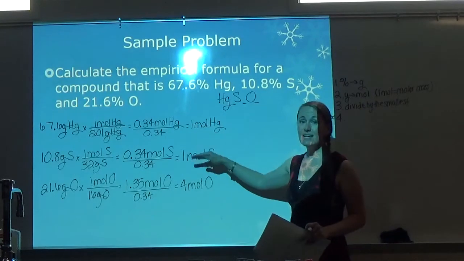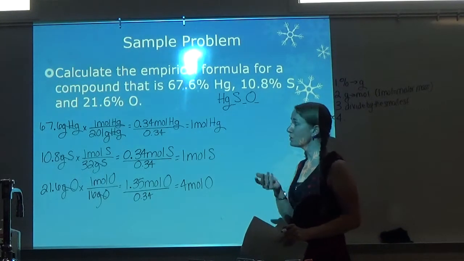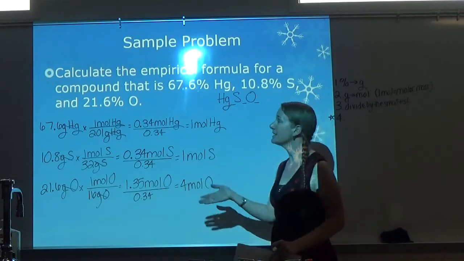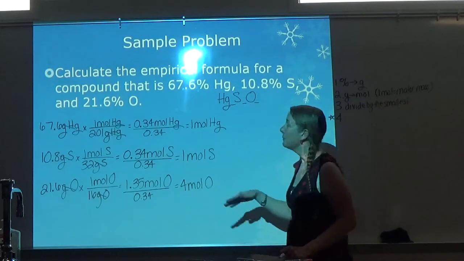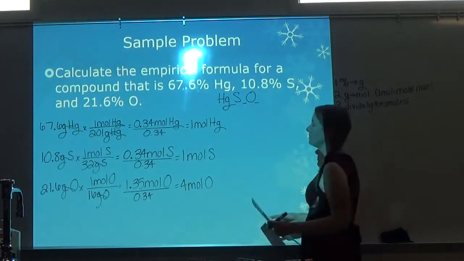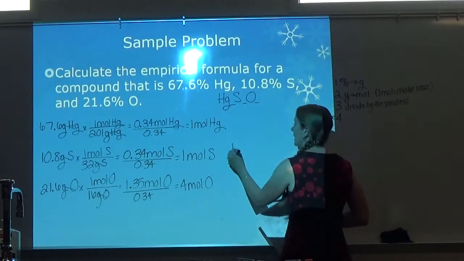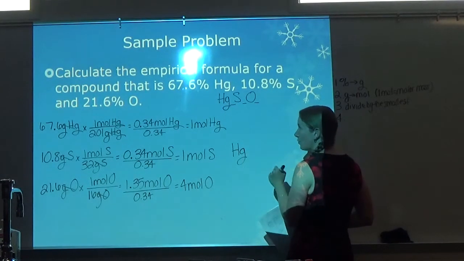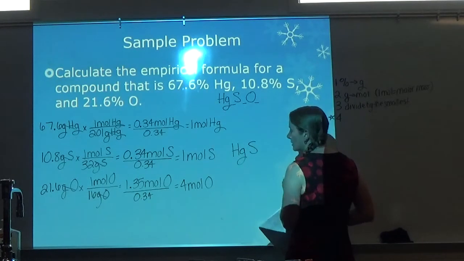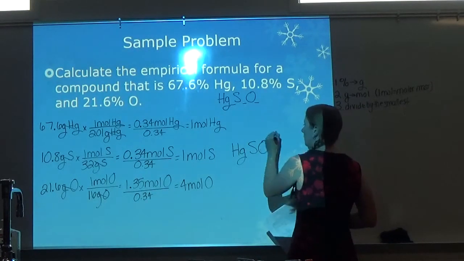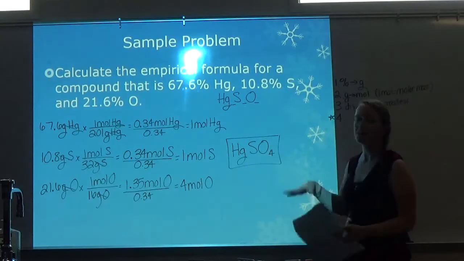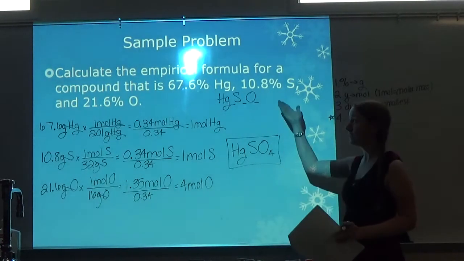And y'all, at this step, you should get pretty close to whole numbers. It might not be perfect, because again, we're doing rounding along the way, but it should be very, very close. And so these would be my subscripts. So my formula would be Hg, because I don't need to write a 1, S, because again, a 1's understood, O, 4. And so this would be my empirical formula for this compound.